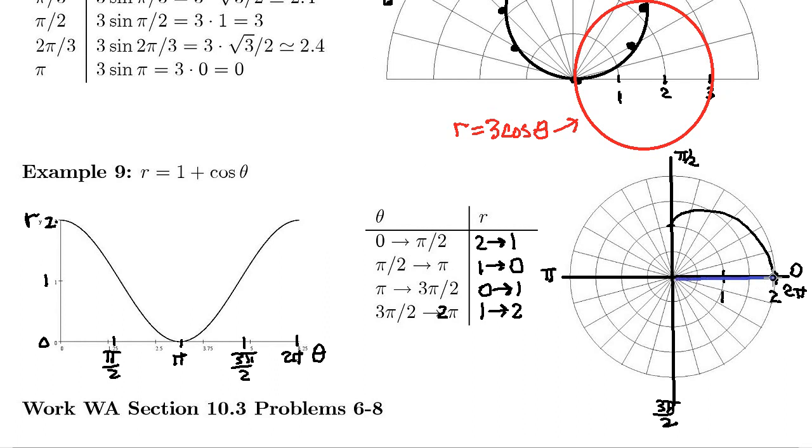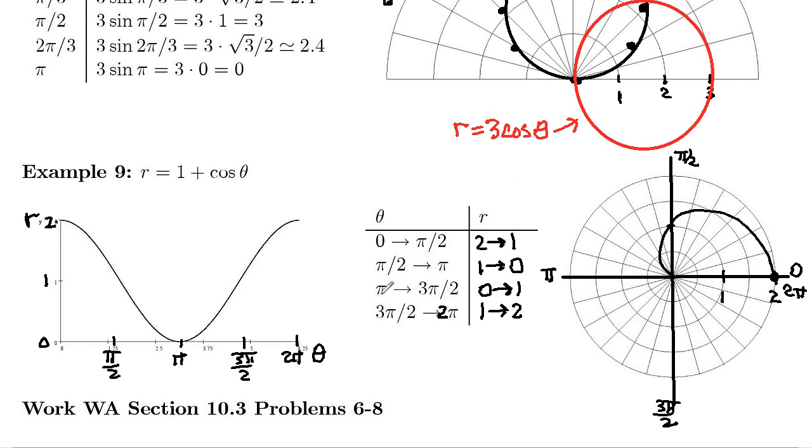So this was from theta equals 0 to pi over 2, and our radius went from 2 down to 1. And now as we go from pi over 2 to pi, our radius is going to go from 1 down to 0 as this rotates around. So that's going to give something like this. So you're going to get down to radius 0, you're at the origin there.